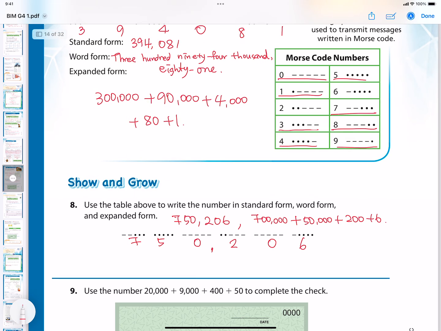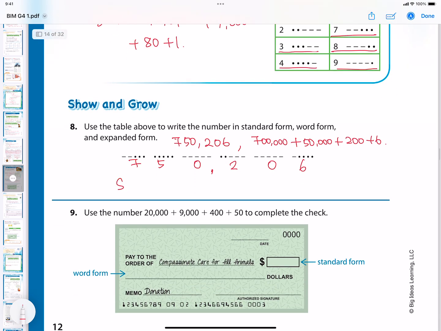And let's use this as word form. 750,000, comma, 200, 6.